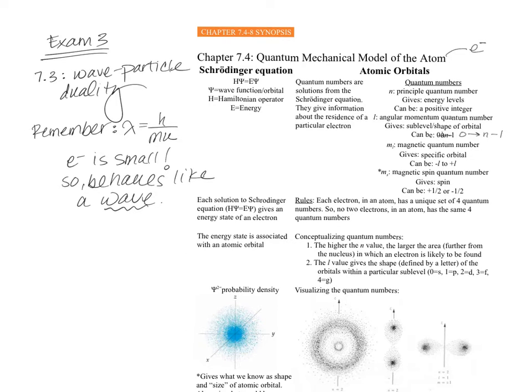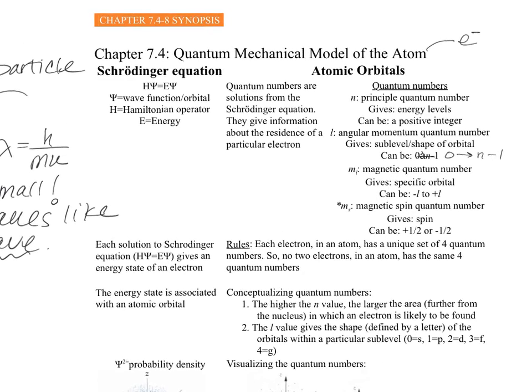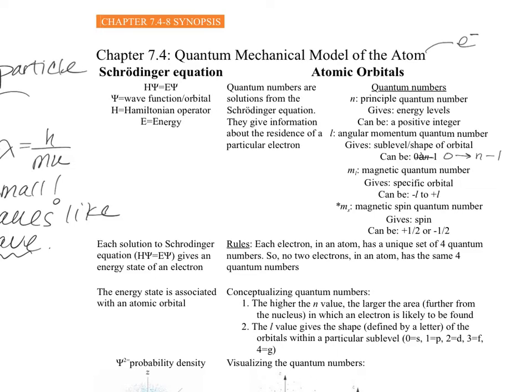An atomic orbital is not like an orbit. An orbital describes the wave function, or the energy and probable location of an electron. We are able to solve for the probable location of an electron by using the Schrödinger equation.